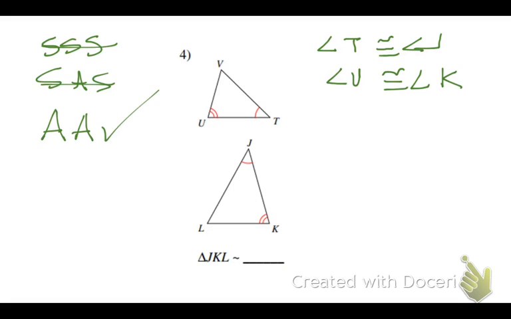So indeed, we have angle, angle, and triangle JKL is similar to triangle TUV. So notice that angle T and J have one mark in them, so they correspond. Angle U and K have two marks in them, so they correspond. And then angle L and V have no marks, so those correspond.